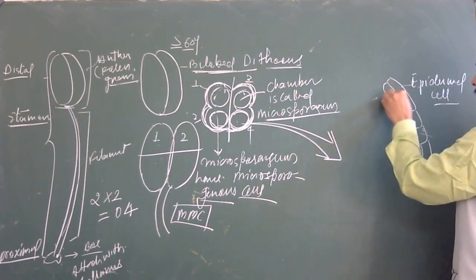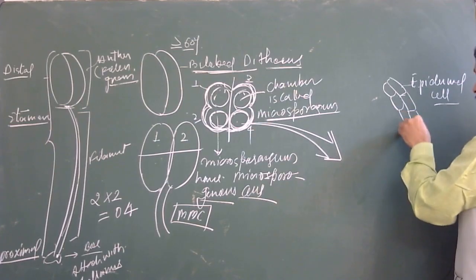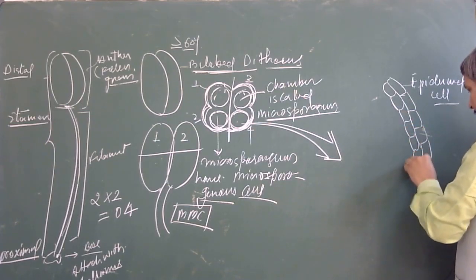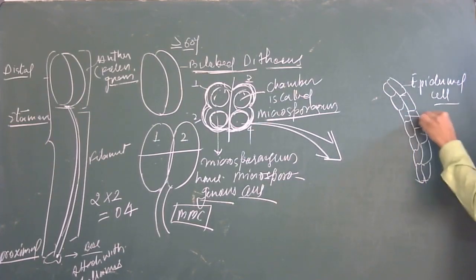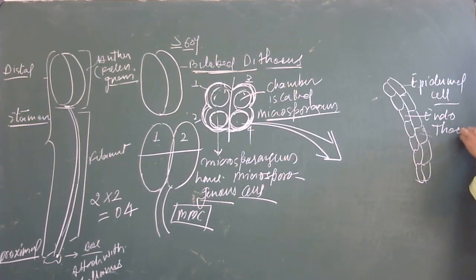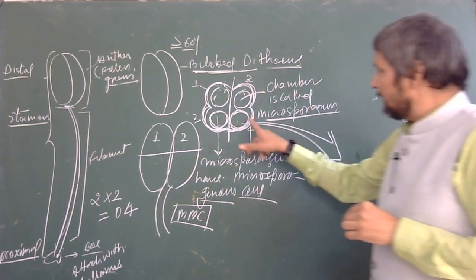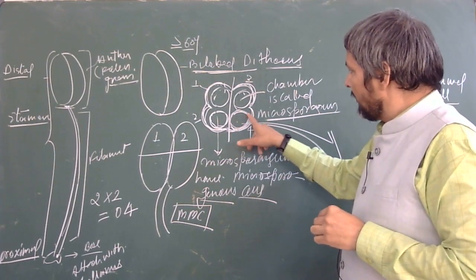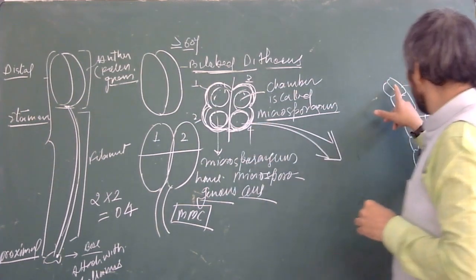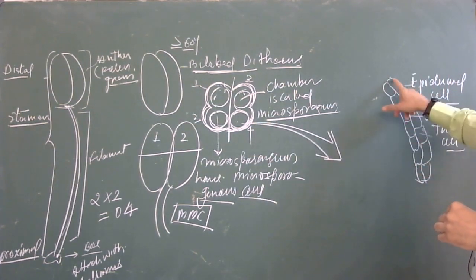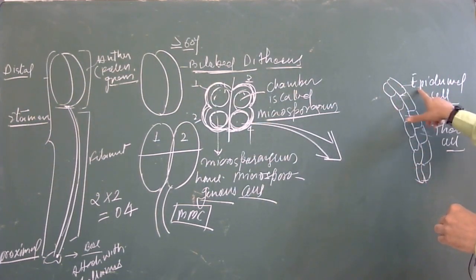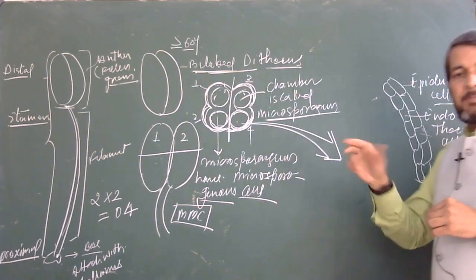a single layer of endothecium cells. You do remember the outer covering of the microsporangium is a single layer of epidermal cells, and these cells are parenchymal in nature.